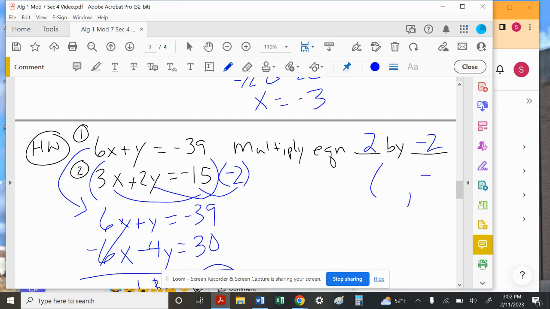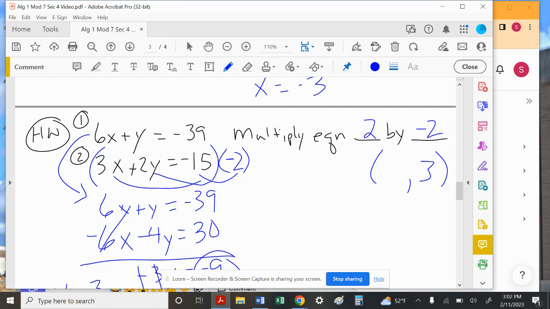On the other one now, which one would I want to use to solve? It might be easier to solve this one because I don't have to multiply y by anything. But this one has smaller numbers. So that one might be easier depending on which one you want to do. I'm going to do the second one just because I want to do something different. So I have 3x plus 2 times y, which is now 3, equals negative 15.